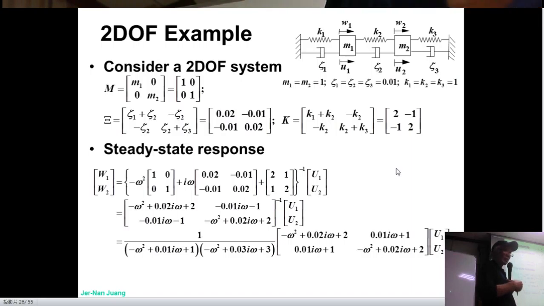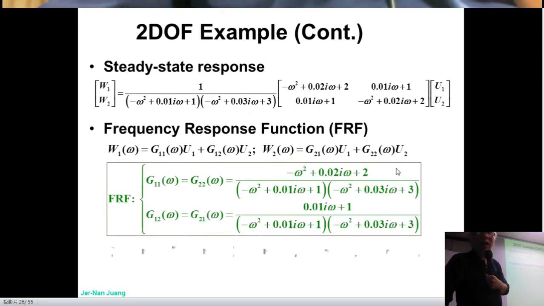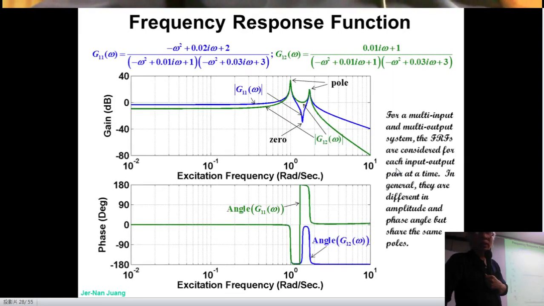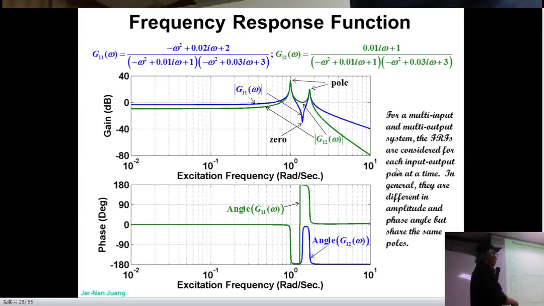Understand? I'm just talking about the phenomena here. So when you have those deep valleys, all right, we call them zeros. It normally takes place at the same location for your input and output. So you have a sharp zero here.